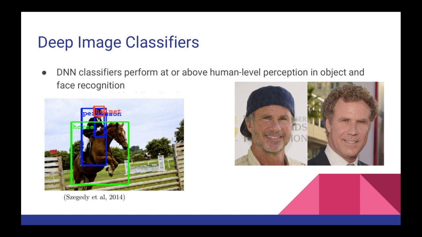And the same applied to face recognition as well. In the image that you see here, both of them are the same person, but it's slightly difficult for us to correlate these two images. But a DNN classifier can easily identify the fact that both of these are the same person.